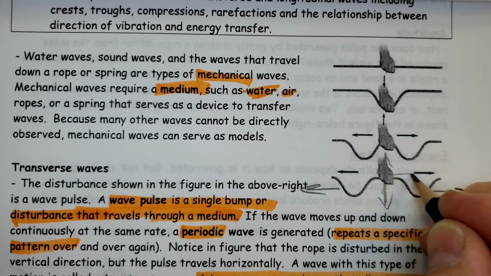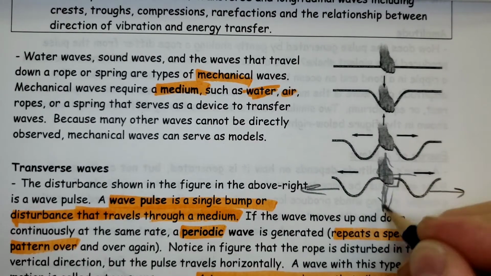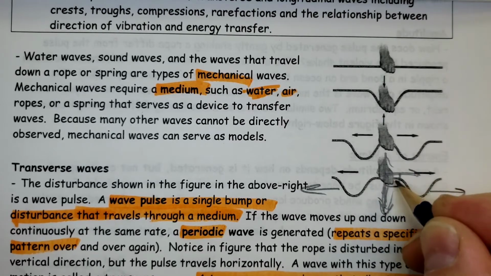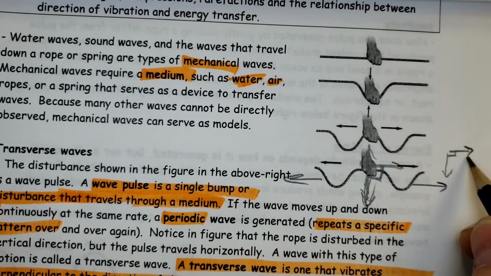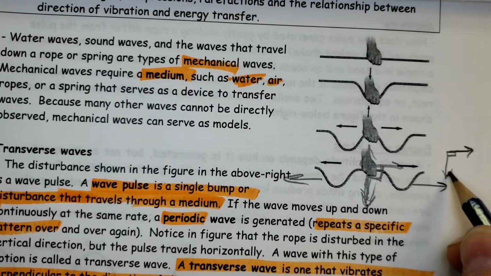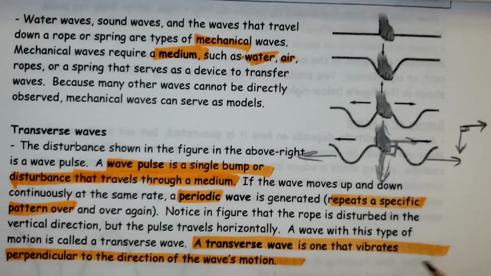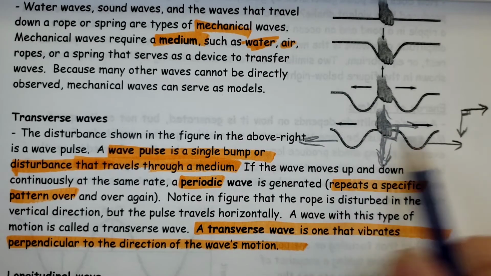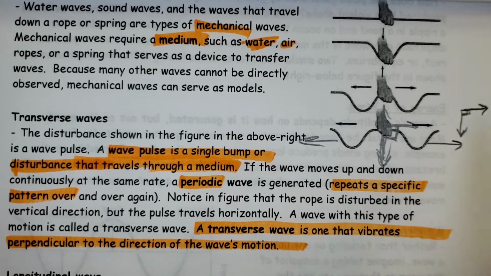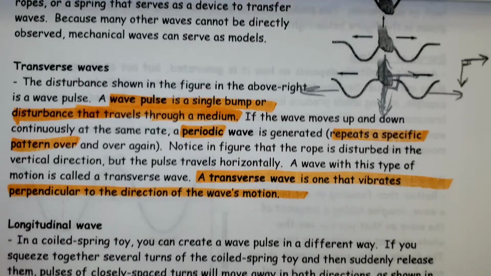So of course that makes a right angle here, right? This and this makes a right angle. That's what we would refer to in math class as a right angle. Arrow moving this way, arrow moving this way, 90 degrees. So transverse wave means vibrating in one direction and the wave goes 90 degrees from that direction.